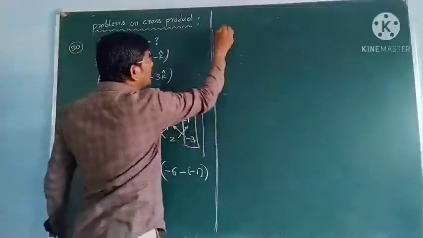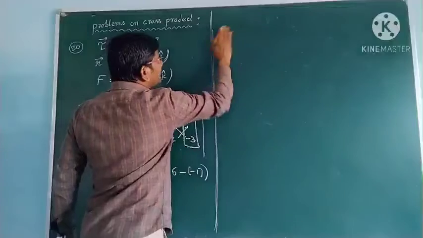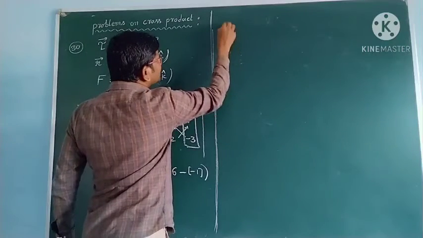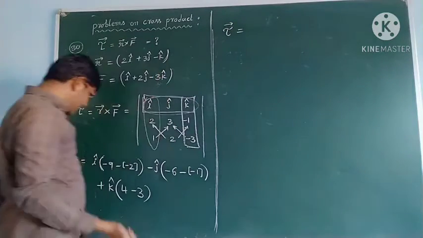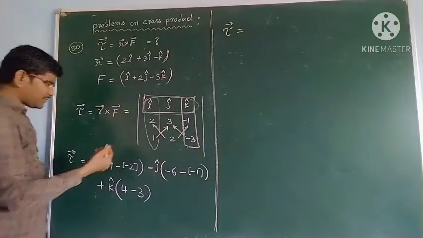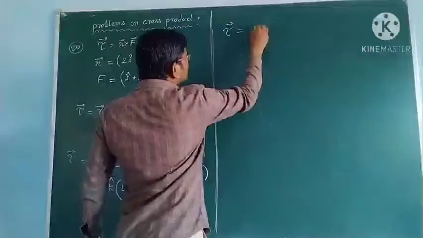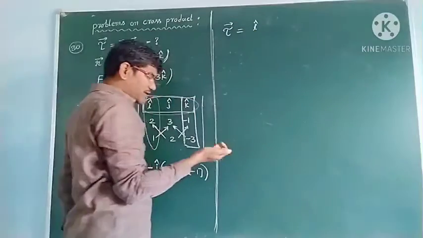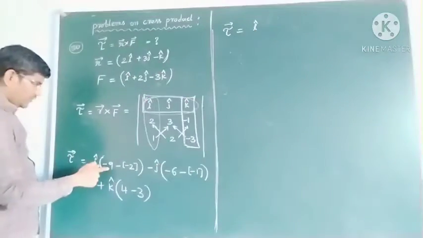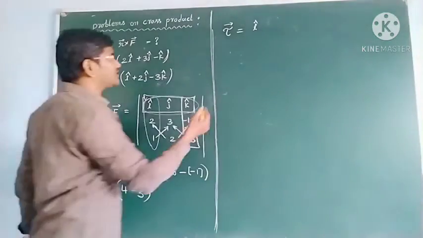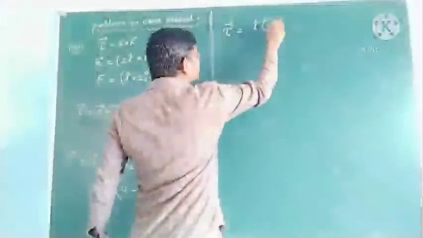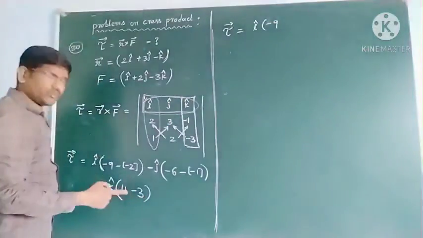Then torque tau bar is equal to I cap into, so minus 2, minus of minus plus, so minus 9, and what do we have here, see students?